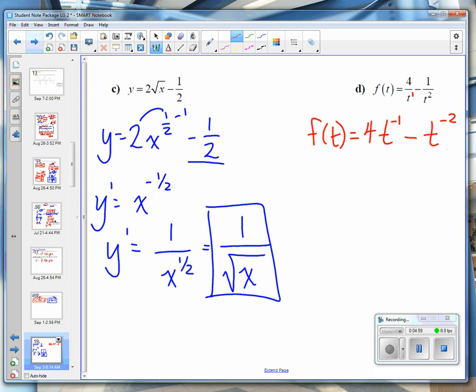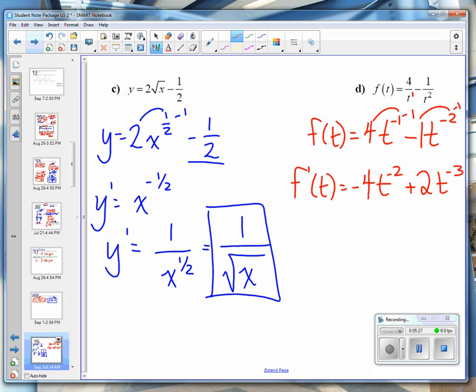Now what we're going to do is find the derivative. So that times that is going to be a negative 4t, and I'm minusing 1, so that's going to give us negative 2. Now I've got like a minus 1t here, right? So negative 2 times negative 1 is going to be positive 2t, and I'm going to minus 1 from that, which is going to give me negative 3.